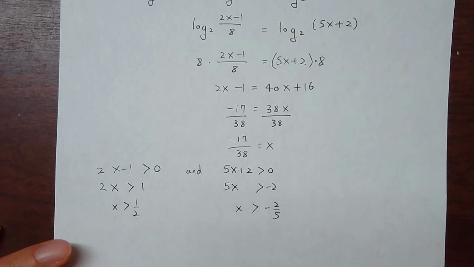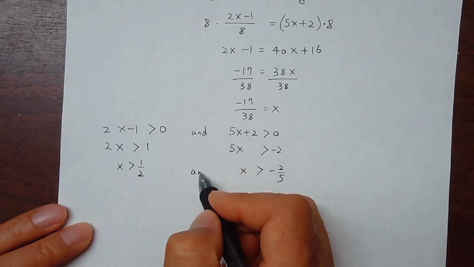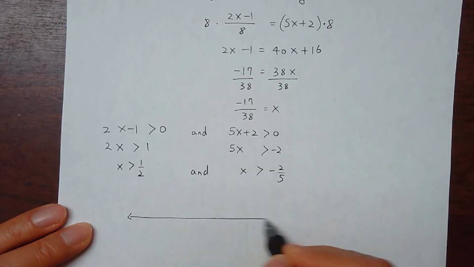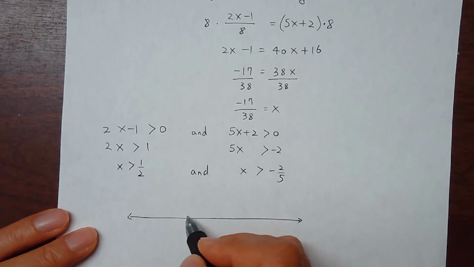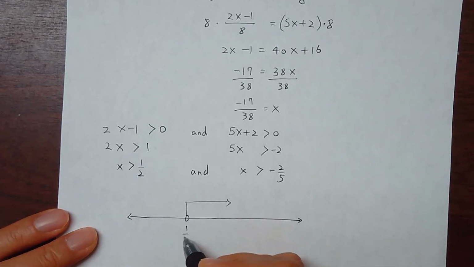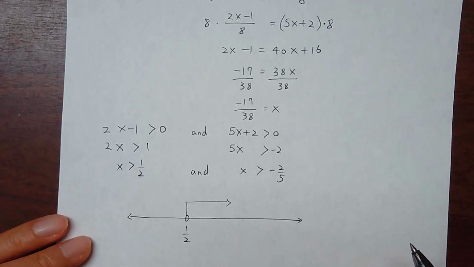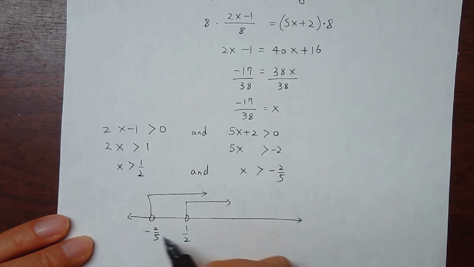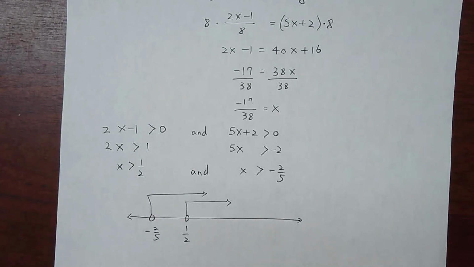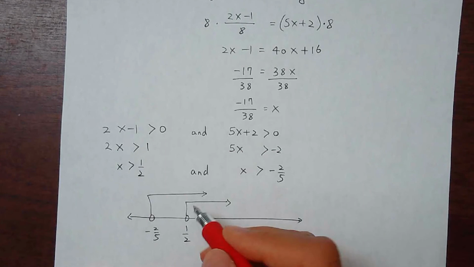We have to AND these two inequalities. x is greater than 1 over 2, and x is greater than minus 2/5. It has to satisfy both, meaning we are looking for the intersection. So the intersection will be this region.